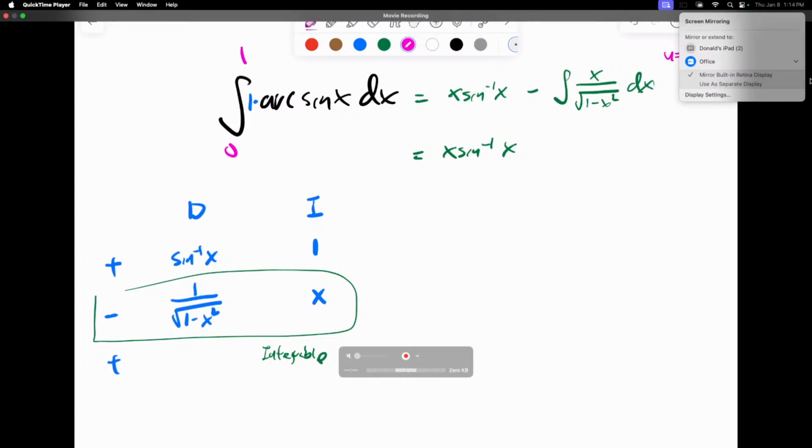1 minus x squared. du is equal to minus 2x dx, and du equals negative 2x dx. So that's going to be integration of square root u, x, and then du over negative 2. And this is minus. X is going to cancel out here.